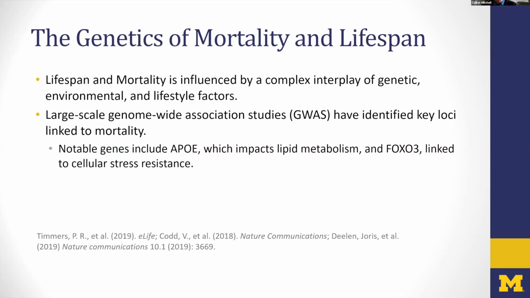You have notable genes like ApoE or FOXO3 that were found very, very quickly, and in fact, kind of challenged our genetic studies because we found them so quickly right at the very beginning that we kind of assumed all of the things that we studied were going to look like that, and we just happened to get lucky and found the biggest effects right off the bat. And then most of them are not that strong.